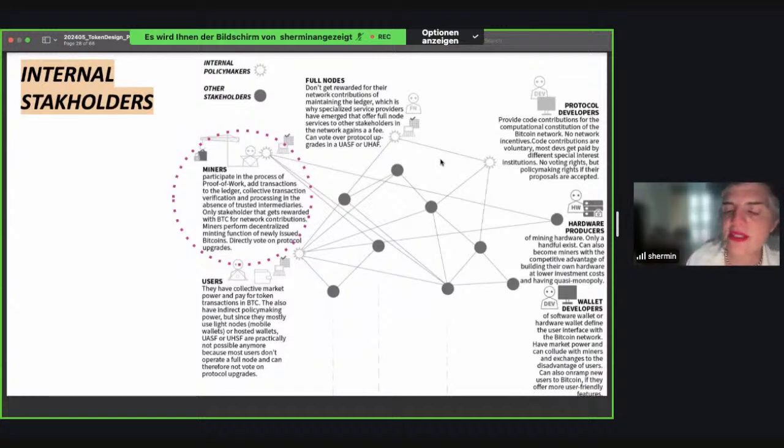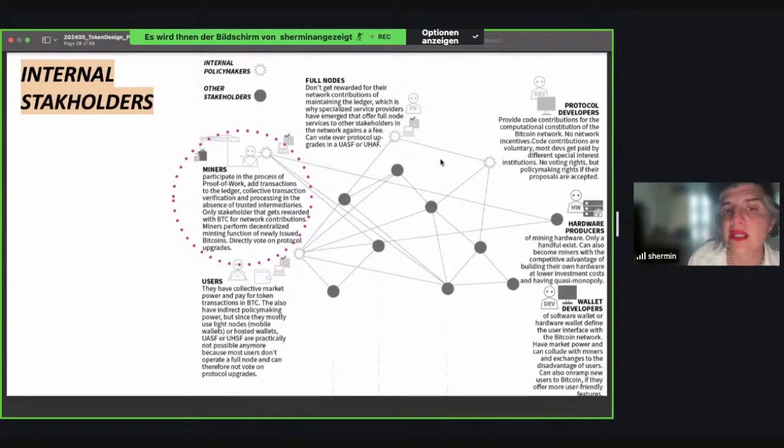And there are many categories. We're not going through all of them. Here we have the group of internal stakeholders, and those who can change the policy have a different icon than those who cannot change policy directly, at least.